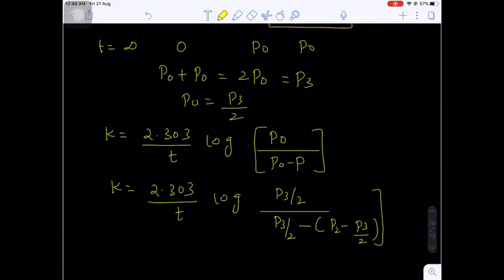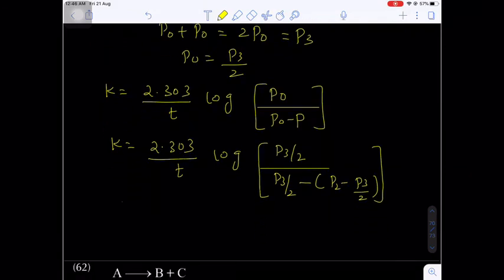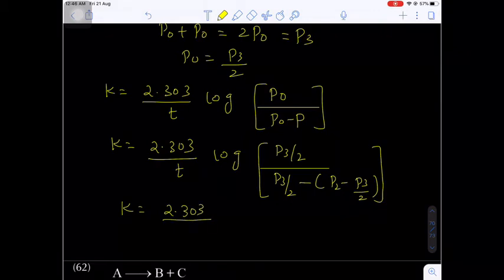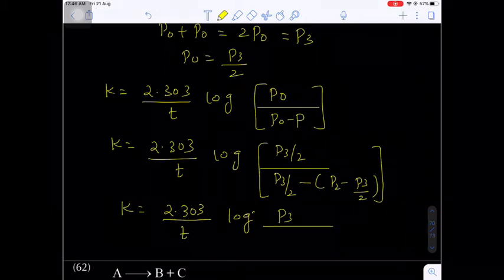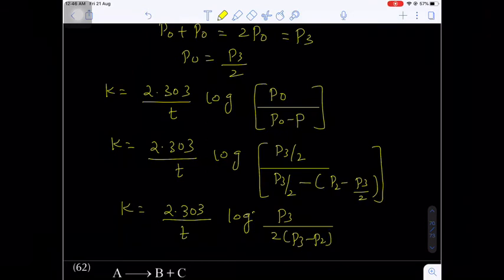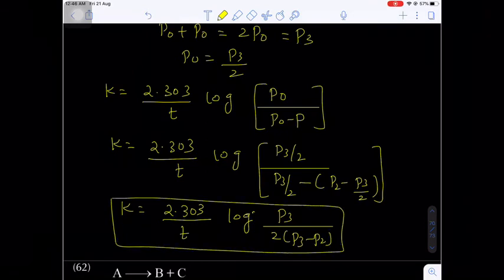After simplification, you get the final answer: K is equal to 2.303 divided by T logarithm of P3 in the numerator, divided by 2 times P3 minus P2. Are you getting my point?